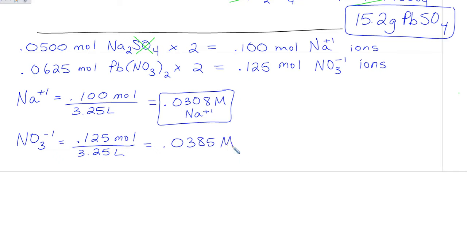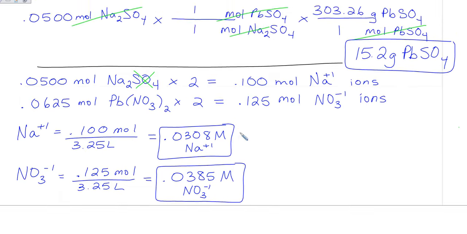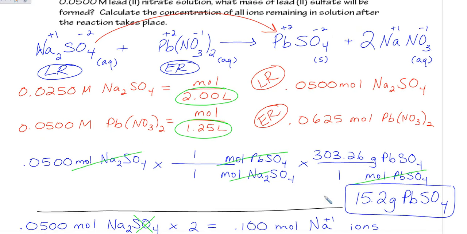And that's the nitrate, minus 1. I like that. Okay, so these are usually the 2 most obvious ions remaining in the solution. The spectators. If I look back at my original balanced equation, the sodium is aqueous, the sodium is aqueous. The nitrate is aqueous, the nitrate is aqueous. So all the sodium and nitrate are ions in the solution after the reaction has taken place.